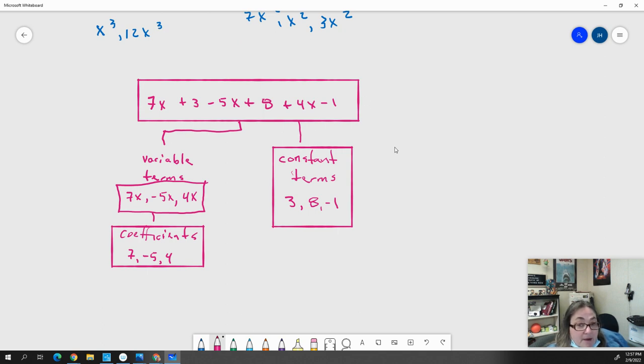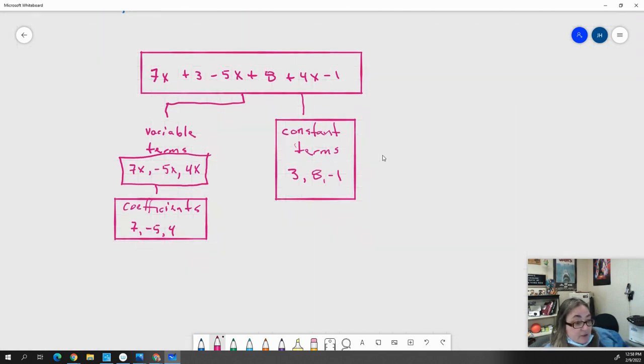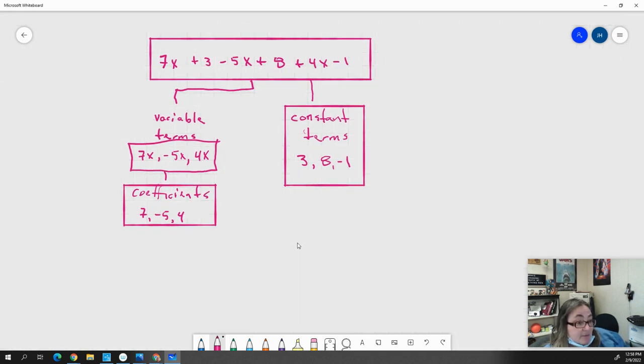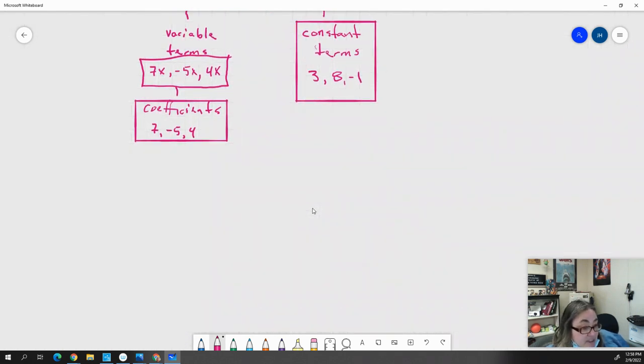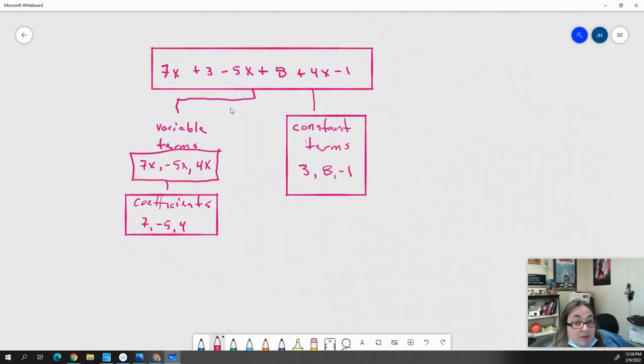When we're talking about combining like terms, it's really adding and subtracting that we're talking about, because multiplying and dividing we can do with terms that aren't alike, but we cannot add or subtract terms that aren't alike. And that's how we get these crazy polynomials like we saw up here.